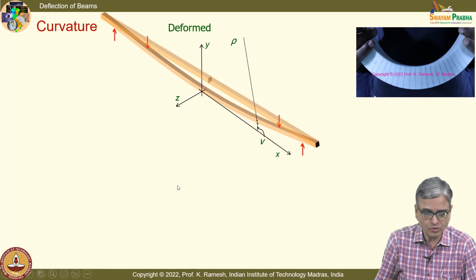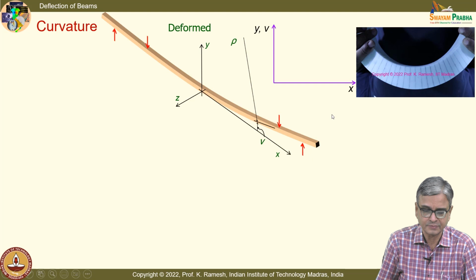And if you draw the tangent at this point of the curve, I can also find out what is the slope angle. I am plotting x versus y as well as v. So, I have the line segment ds. I have this angle as phi and this vertical distance as dv.